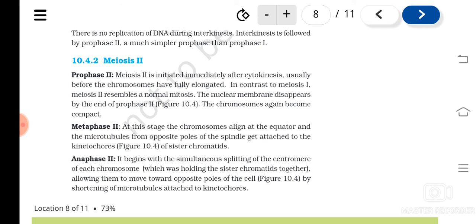If 10 chromosomes are there, they will get aligned in the center as 1, 2, 3, up to 10. Understood? Then spindle fibers will start attaching to the kinetochore.